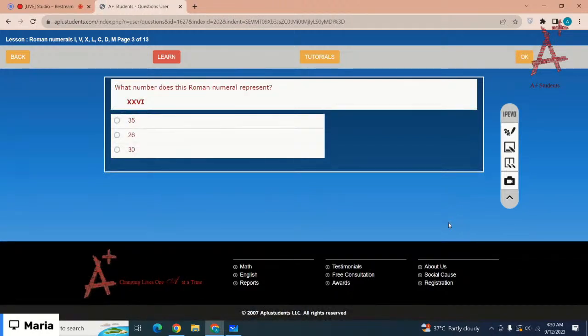What number does this Roman numeral represent? Which is the correct option? Which number is it?